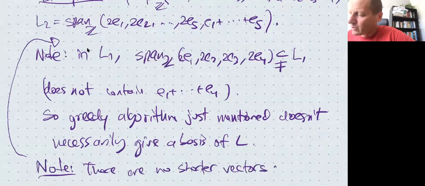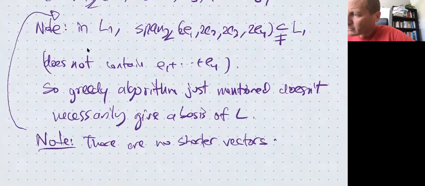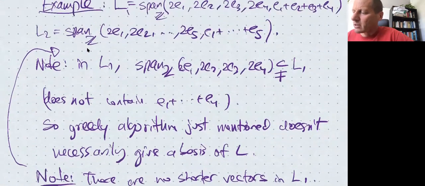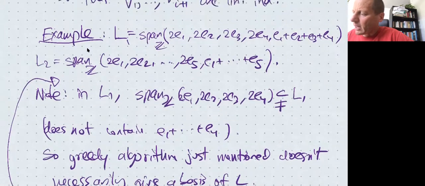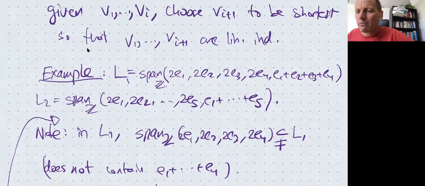So in L1, if you think about this lattice here, and you think about the entries mod 2, this first vector has all its entries even. This vector has all its entries even. This vector has all its entries even. This one too. This one has all its entries odd, right?